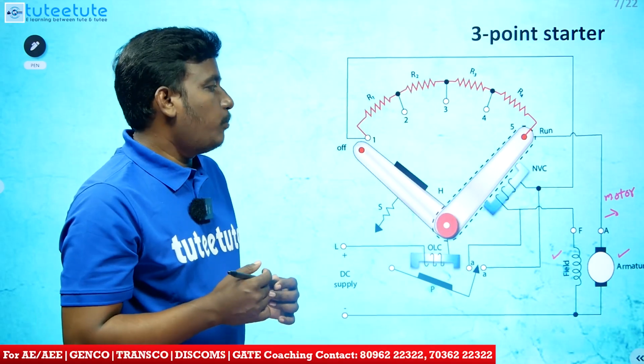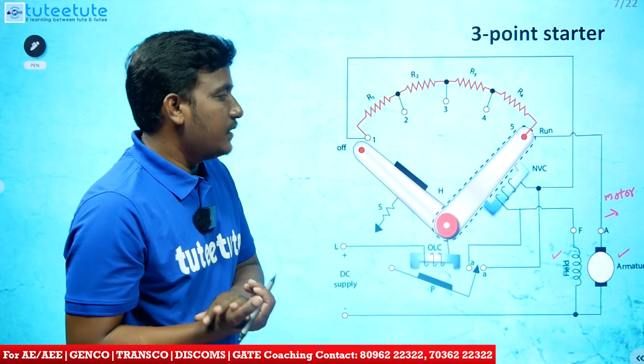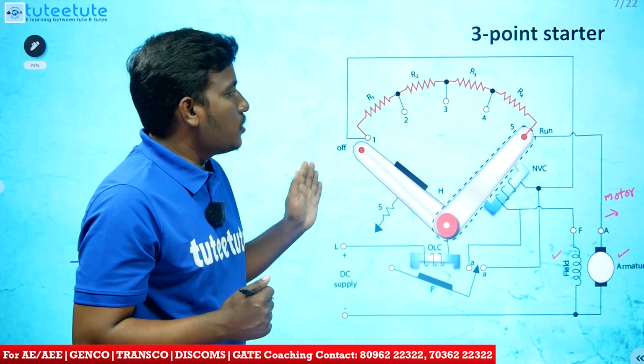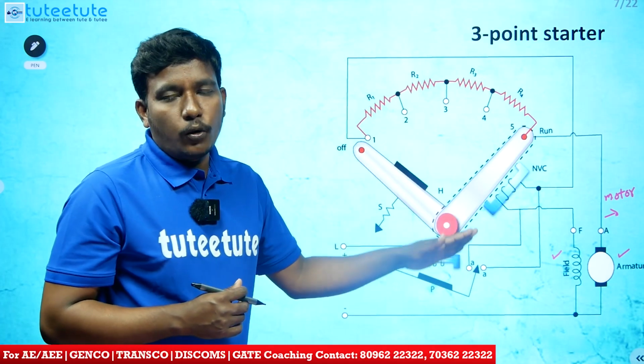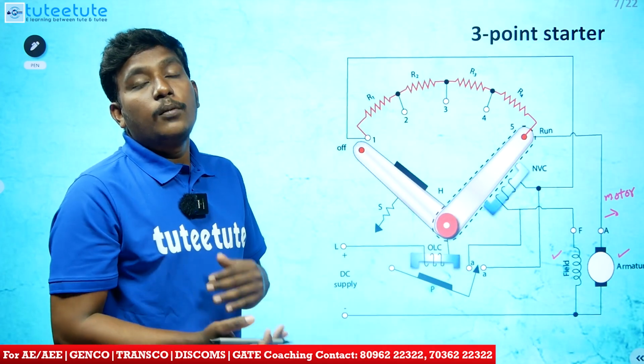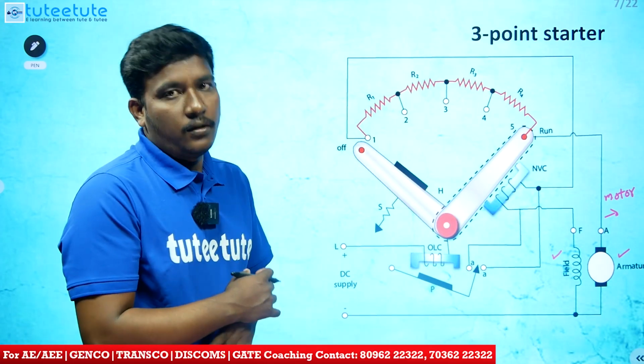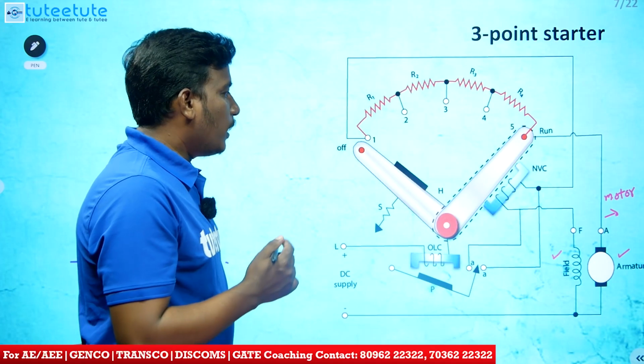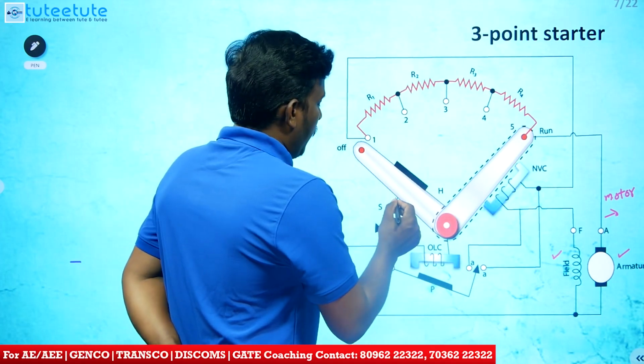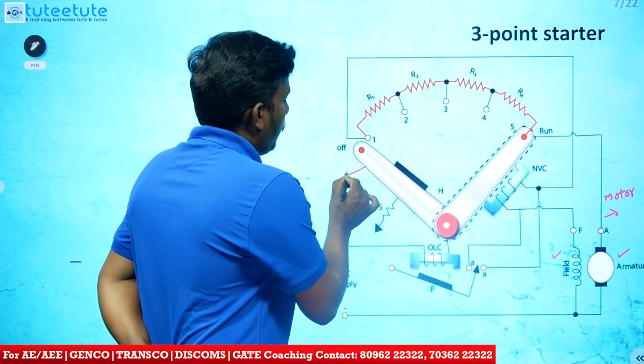We need to give the supply to the armature and field such that external resistance is included during starting and removed during running condition. For that, we are going to employ a plunger. Let's take it as a plunger.